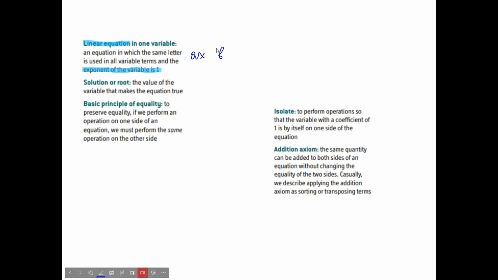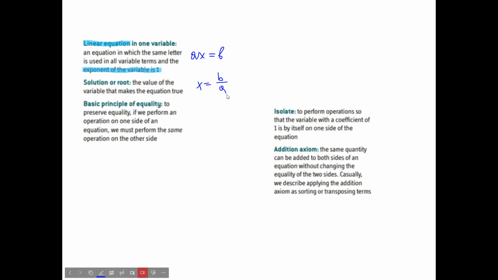That's what it is. Where x is variable, and exponent is 1. Right? So that's linear equation. A and b, it's numbers. So solution or root, the value of the variable that makes the equation true.